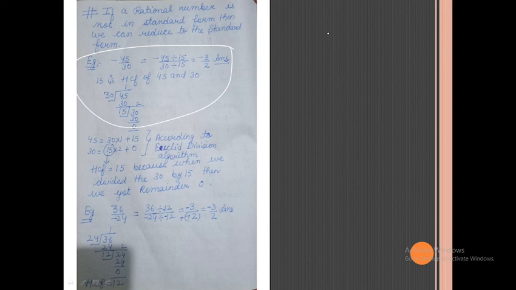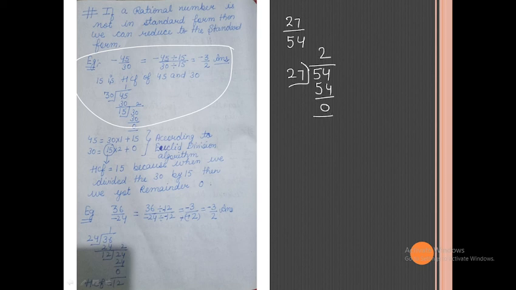For this, first of all, keep in mind, if you do not know what value to take for reducing the fraction, then you have to take the HCF. For example, we have 27 divided by 54. 54 is divisible by 27: 27 twos are 54.